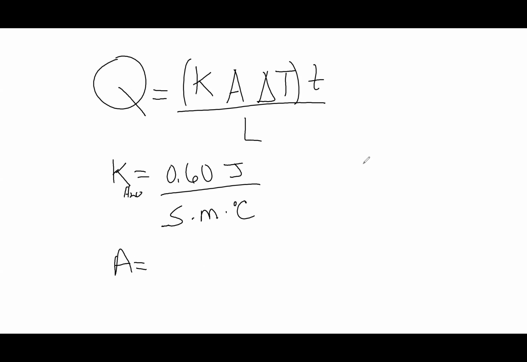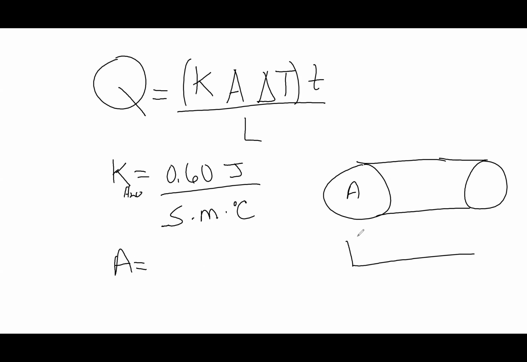If it's going through something with a circle at the end like this, the cross-sectional area would be the area of a circle. However, if it's a more rectangular shape like this, then the cross-sectional area would be like a rectangle. So make sure in the problem you understand what the cross-sectional area is.